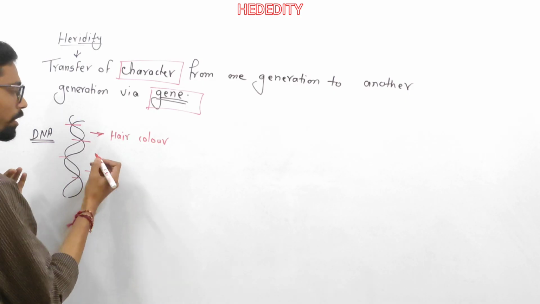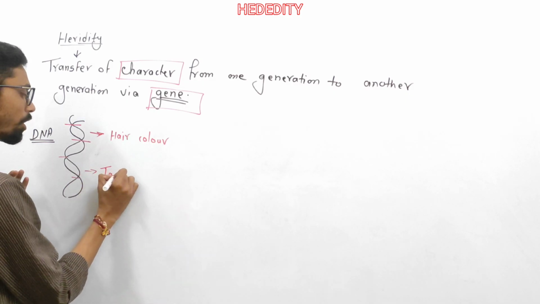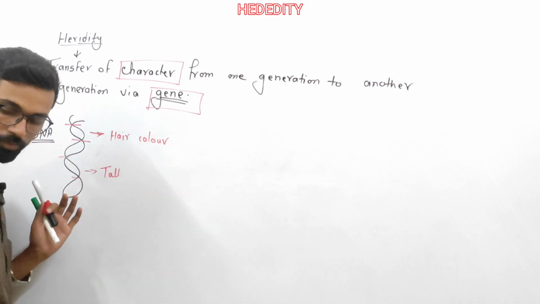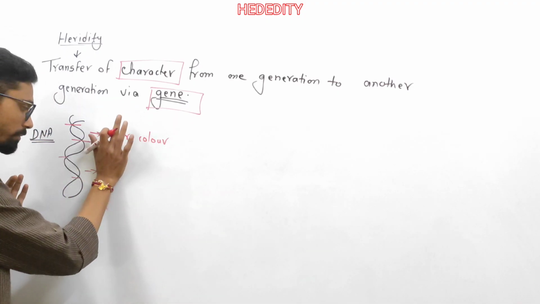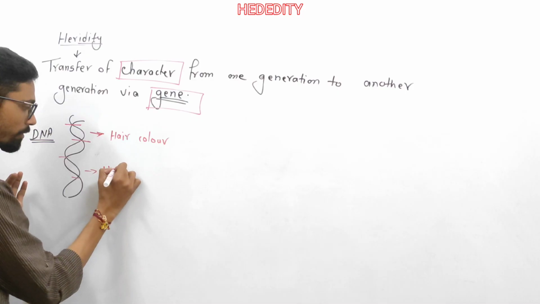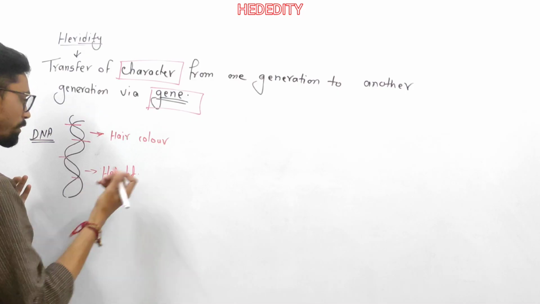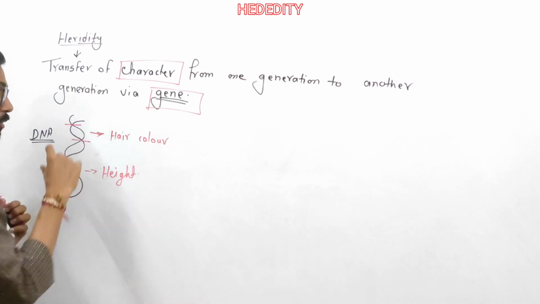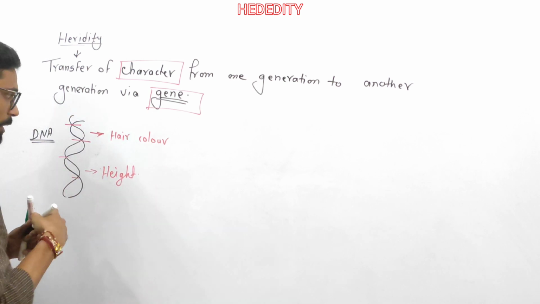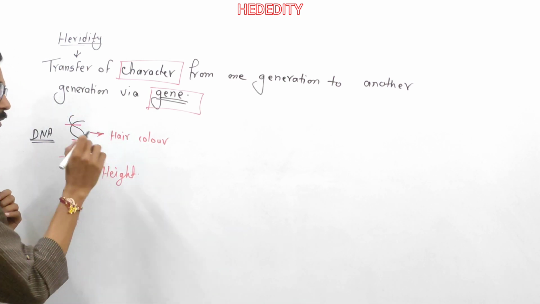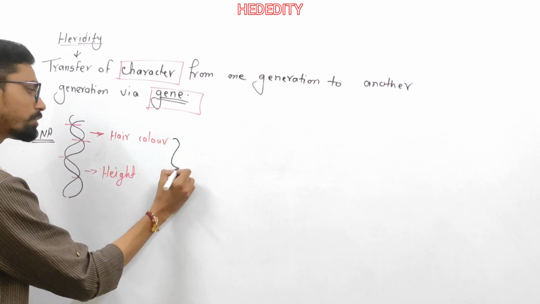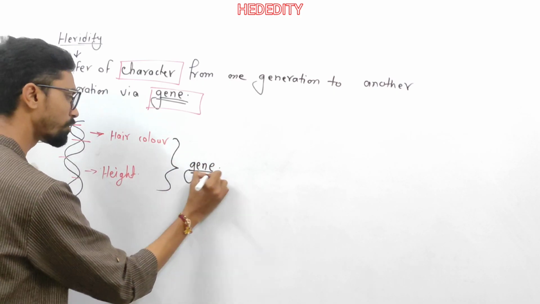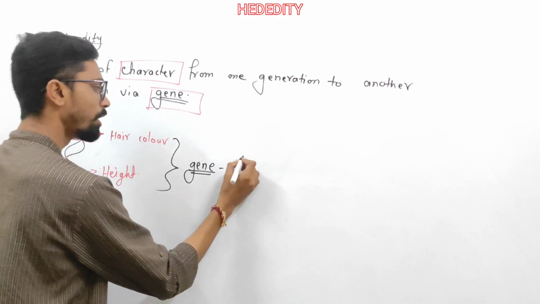Let's assume that this part of DNA has the characteristic of height, maybe tall and dwarf. So this particular fragment of the DNA which is functional is considered a gene.